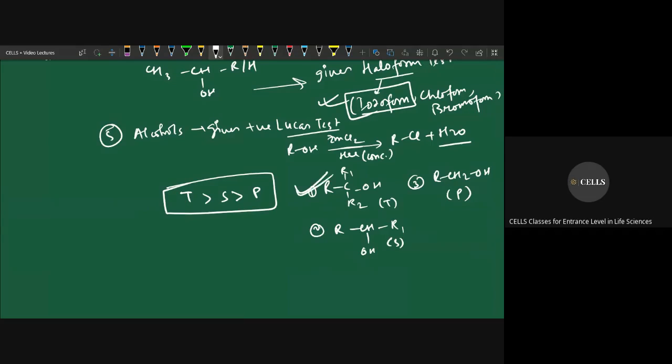So the tertiary one will give a better positive Lucas test. These things are really important, right?